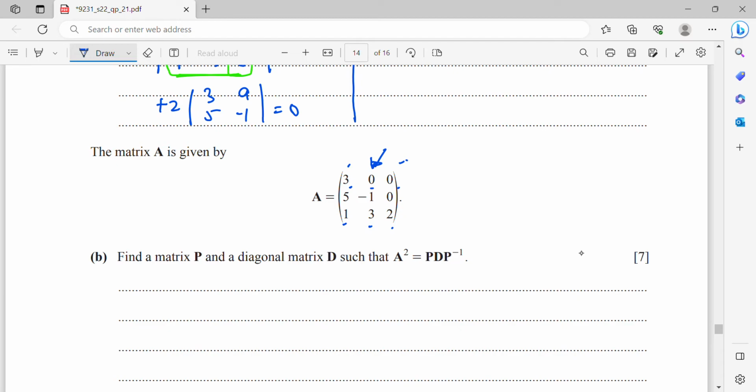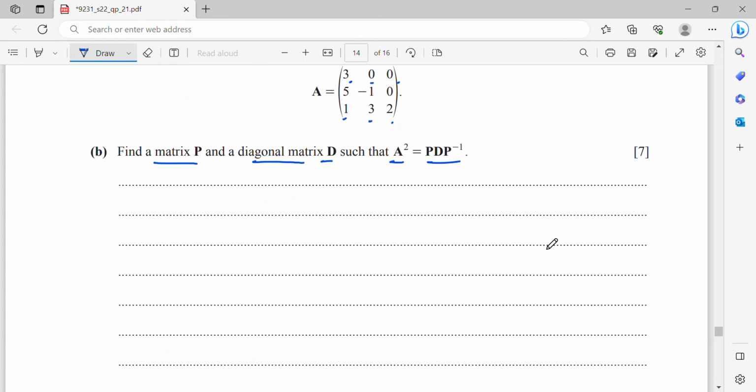Now find the matrix P and diagonal matrix D such that A squared is PDP inverse. This means we need to get the determinant. Basically, we need to find the determinant of the characteristic equation.